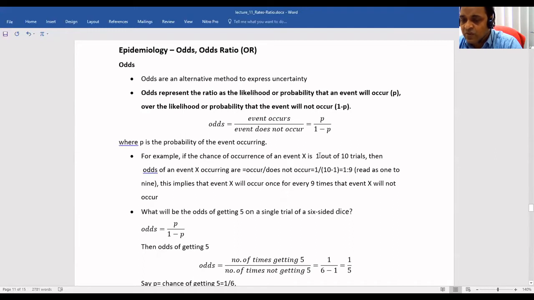The chance of occurring is 1 out of 10, and the chance of not occurring is 10 minus 1, which is 9. So the odds for that event's occurrence are 1 to 9. That means X will occur once for every 9 times that X will not occur.